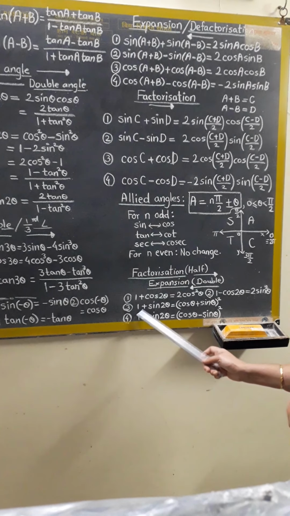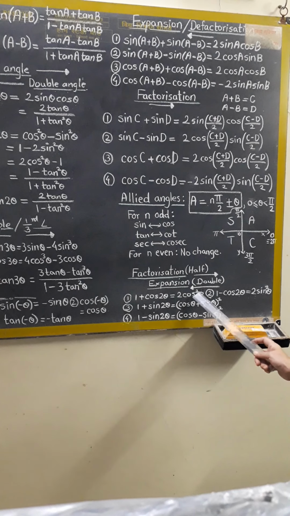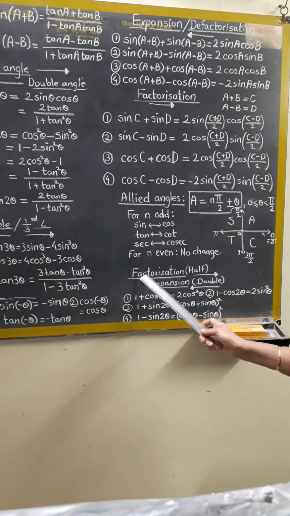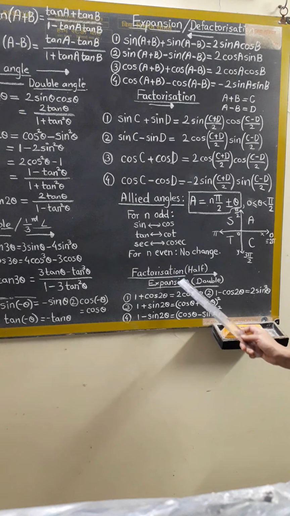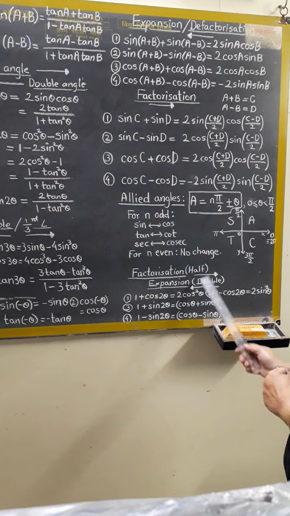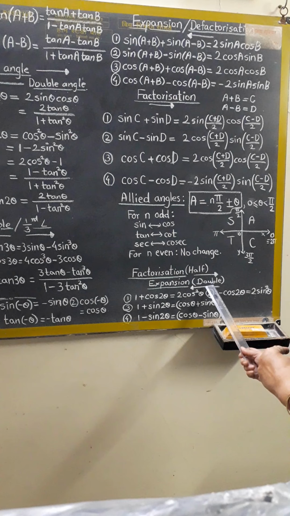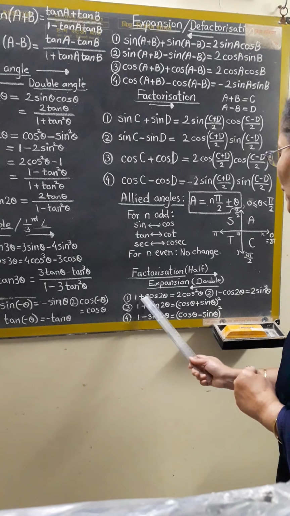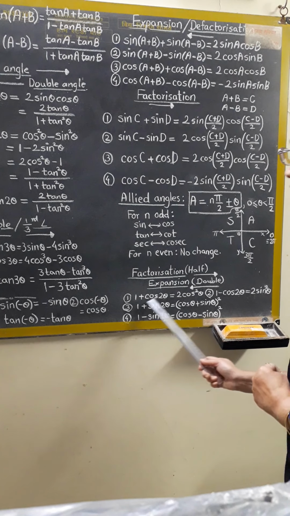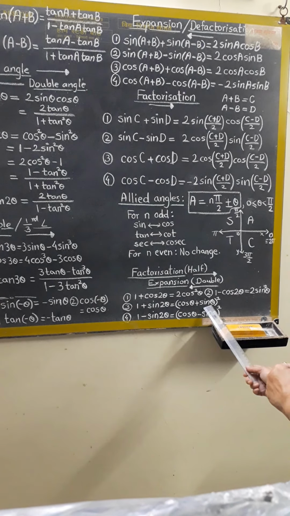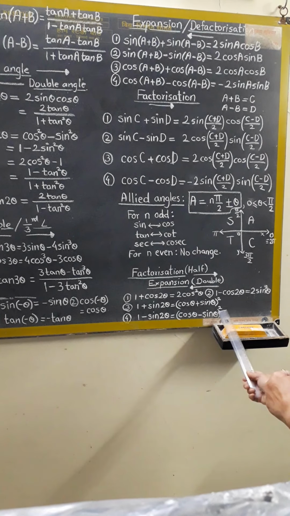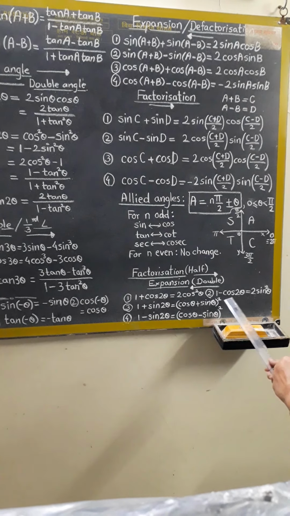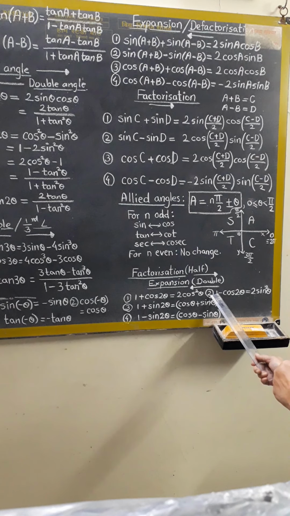With the help of these half angle formulae we are modifying them, and what we get is that when we use them from left to right, the sum or difference gets converted into product form, and that is why it is known as a factorization formula. Whereas the expansion formulae, when we use them from right to left, convert the product into a sum or the product into a difference.